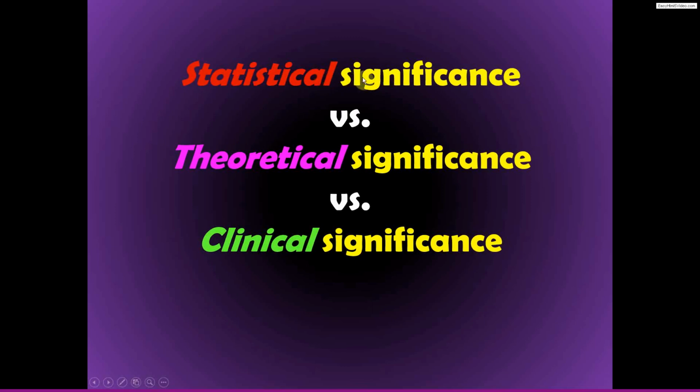You don't need a human being to do this. Theoretical significance is different. I don't think we have computers that are smart enough; this would take either a pretty clever artificially intelligent system or a really stupid, simplistic theory to determine whether a finding is theoretically significant. So this we would think of as requiring some level of human intellect.